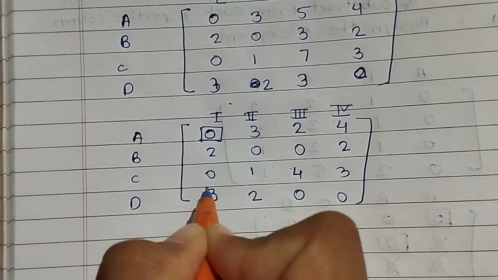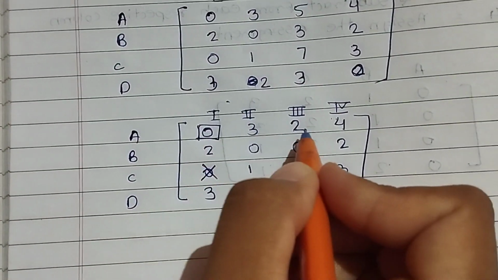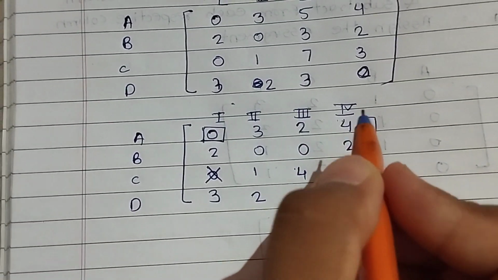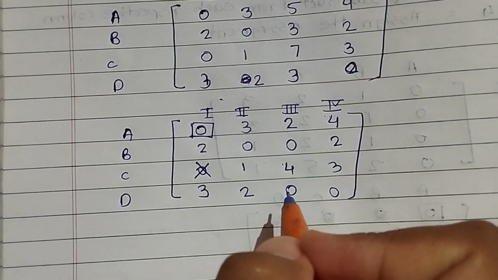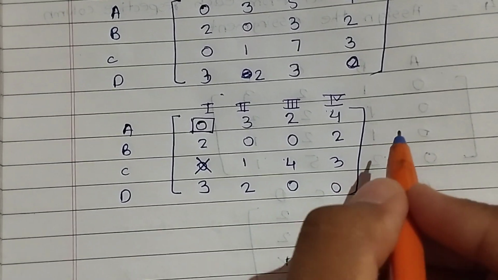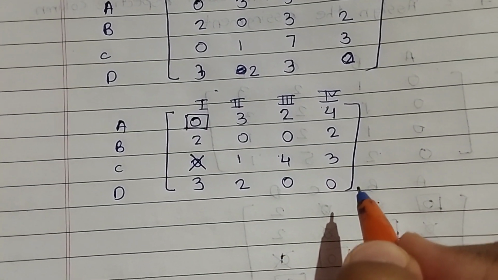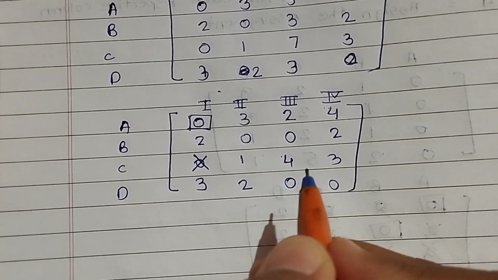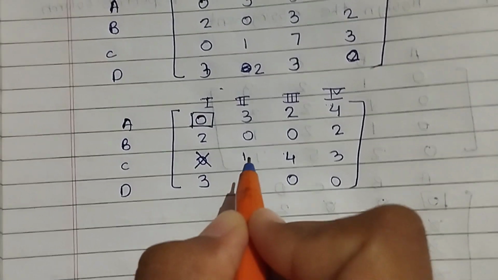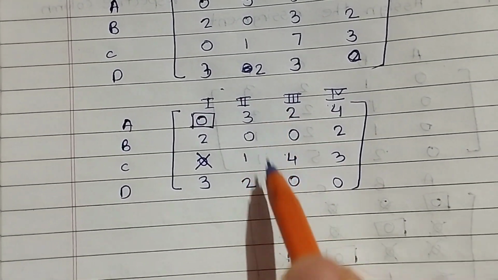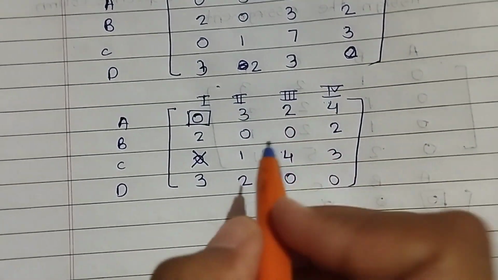So in the column this 0 is now crossed, and no other zero remains in the respective row. Now we again check whether any row has a single 0. The second row has 2 zeros and the third row has 2 zeros. So now we check the columns, whether any column has a single 0. Yes, if we see the second column carefully, it has only a single 0.